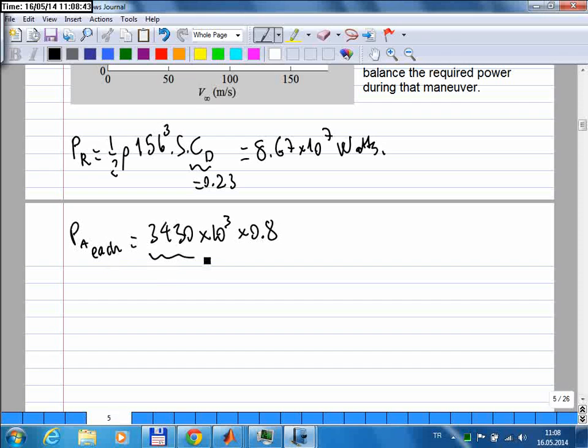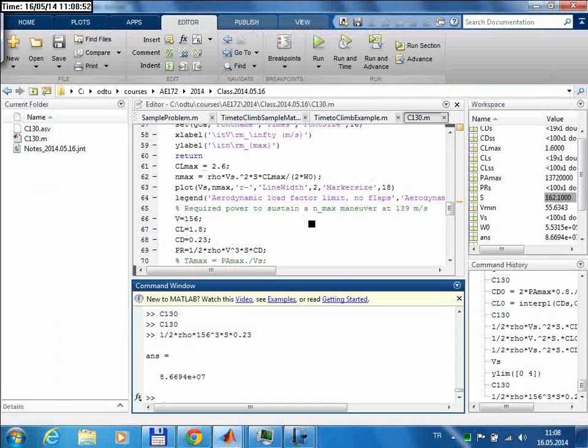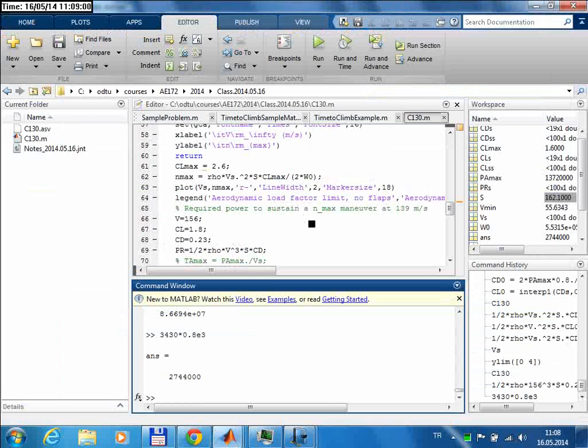So this is the maximum power of one engine, and multiply that with the propeller efficiency. That power number is this much.